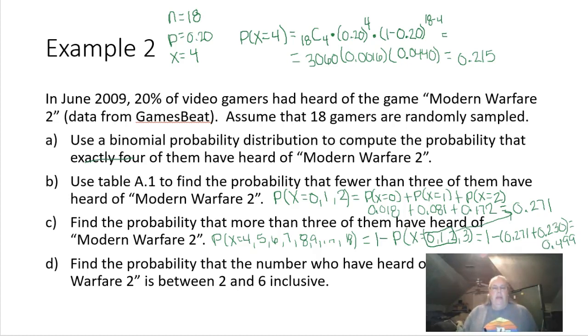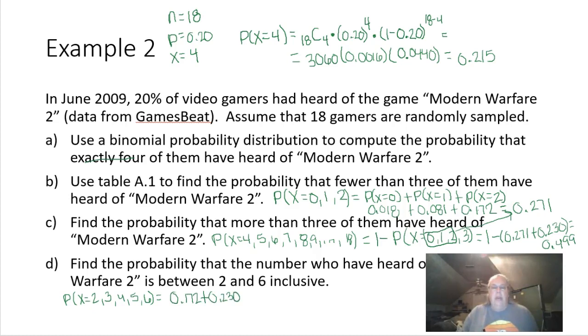Okay, now, D says to find the probability that the number who have heard of Modern Warfare 2 is between 2 and 6, and it is inclusive. That means we're including the numbers 2 and 6. So what I'm looking for here is the probability that x is equal to 2 or 3 or 4 or 5 or 6. And I can do this over in the table as well. Now 2 and 3 I've already found. 2 is 0.172 and 3 is 0.230.